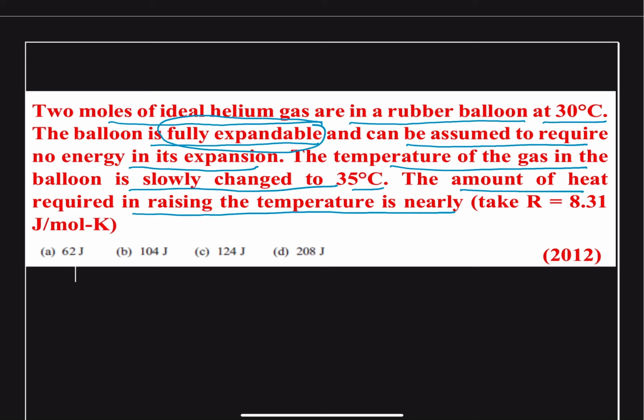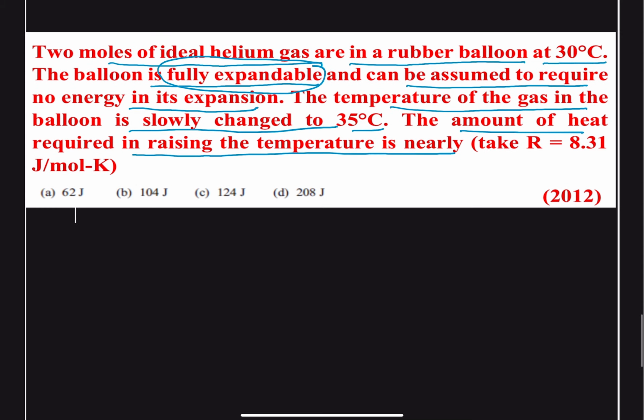So let us start with the given information that the balloon is fully expandable.